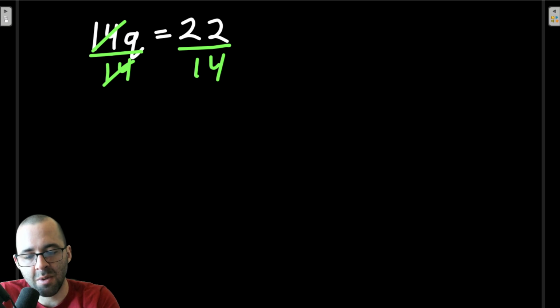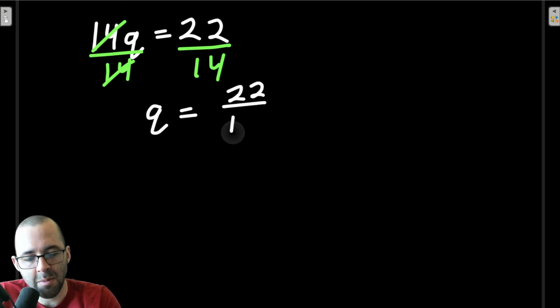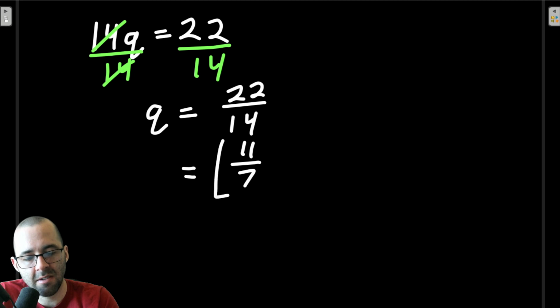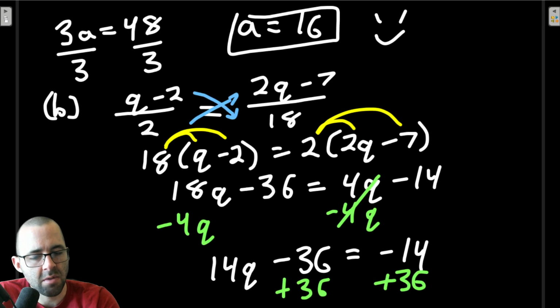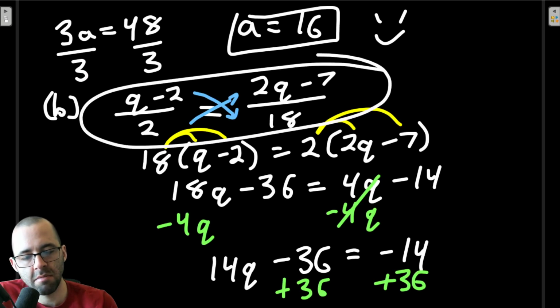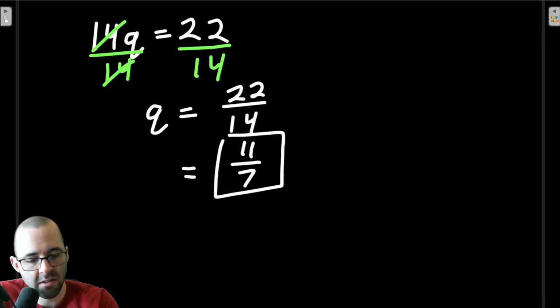And on the right-hand side, when we divide by 14, we get 22 divided by 14. Both of these are divisible by 2. We'll get 11 over 7 as our answer. Then we'll just want to verify 11/7. Does that cause a divide by 0? Nope. There is no variable in the denominator at all, so 11/7 is a-okay.